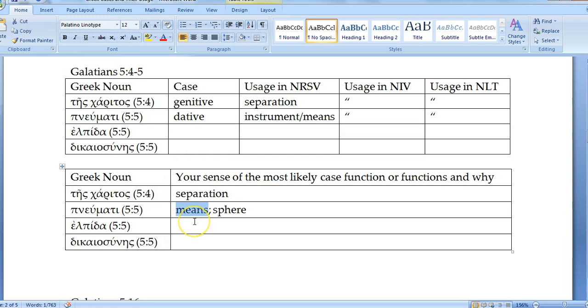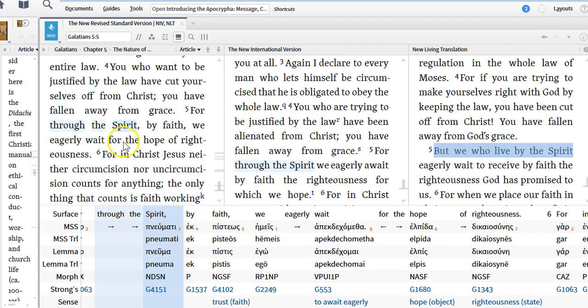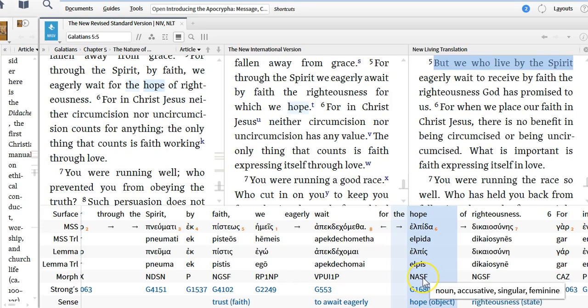Then elpida dikaiosounes. Well, what we have here is a noun in the accusative, elpida, followed immediately by a noun in the genitive. And as you see, the of righteousness in the NRSV is its representation of the genitive case.